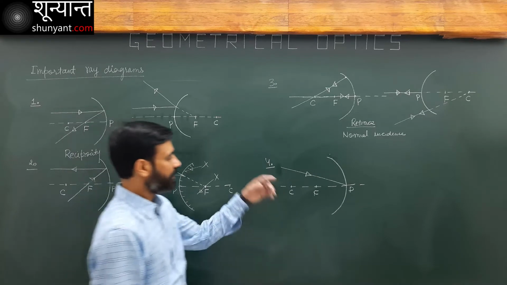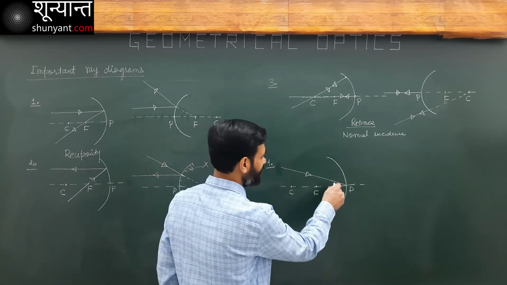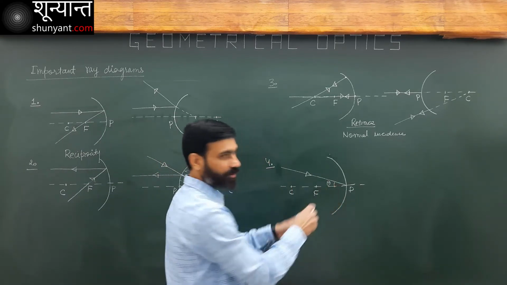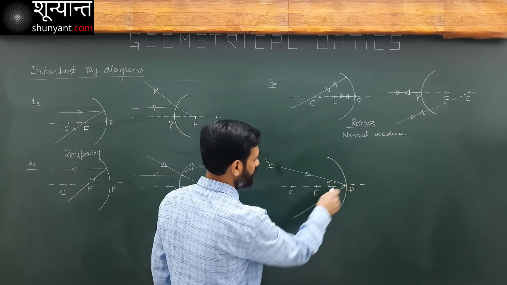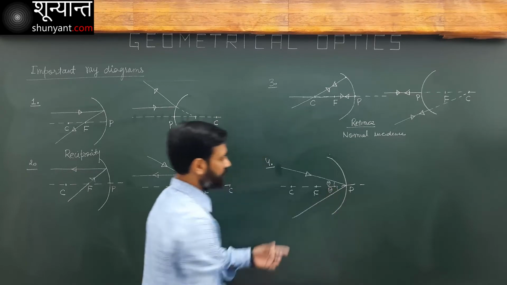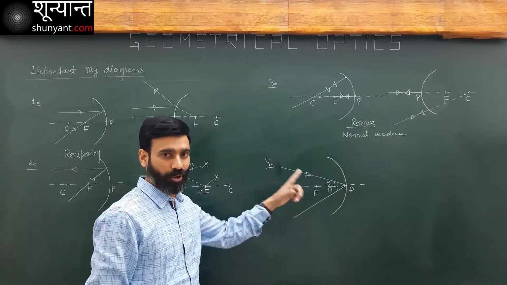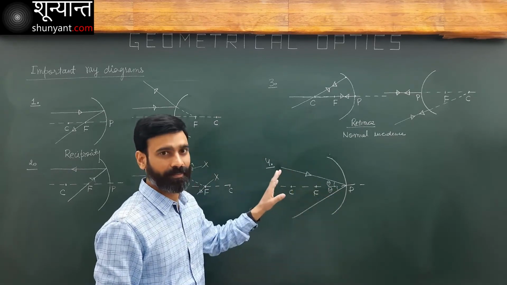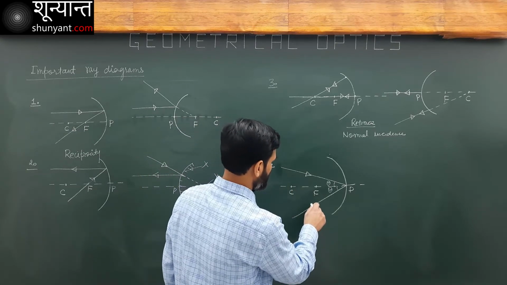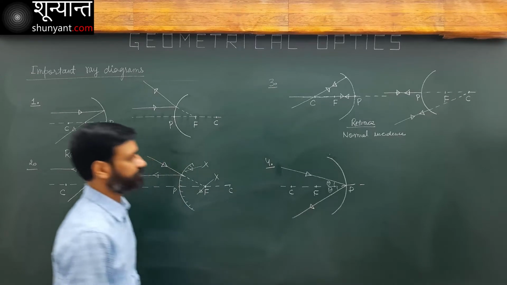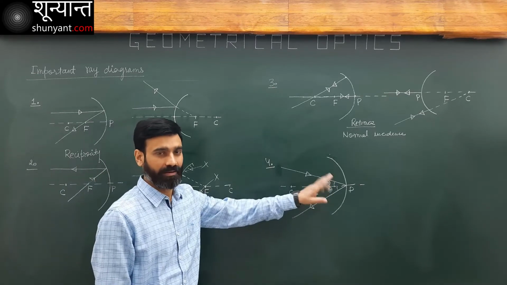Nothing will happen. It will be reflected. If this angle is theta, this becomes the angle of incidence. So light will be reflected, making the same angle on the other side. The principal axis becomes the normal, so the angles will be the same. Got it? It will be reflected like this, making the same angle.